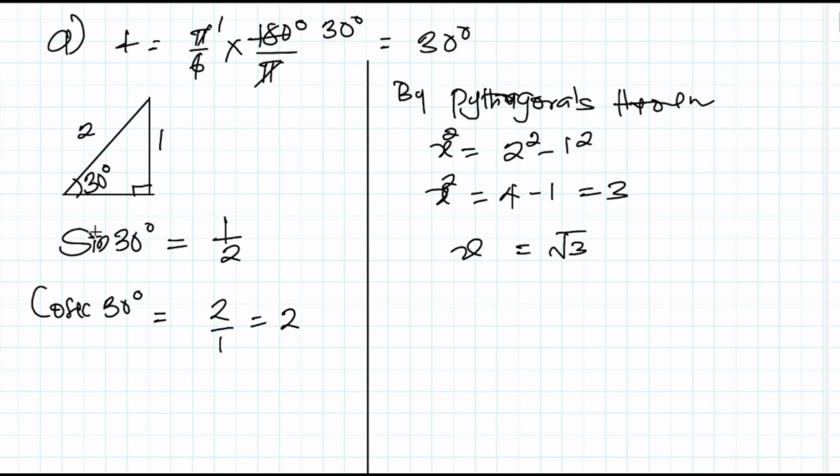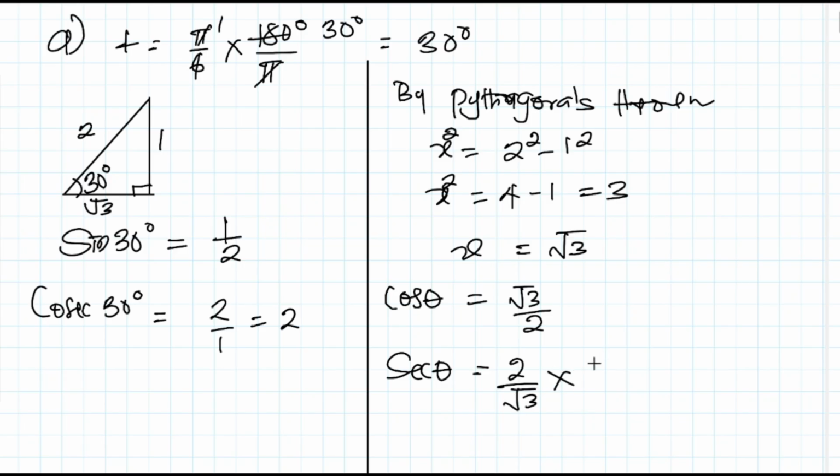Okay, so that means the base here is root 3, so that we have cos theta equals root 3 over 2, and then sec theta equals 2 over root 3.